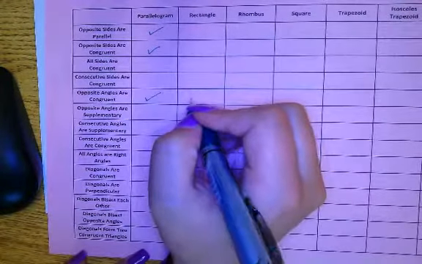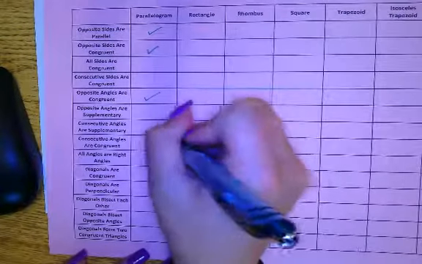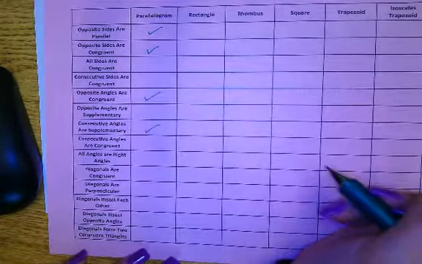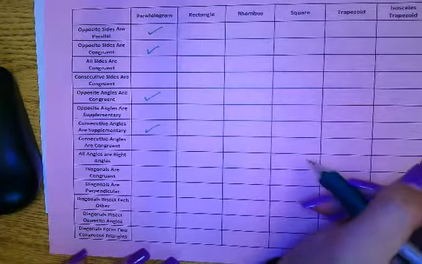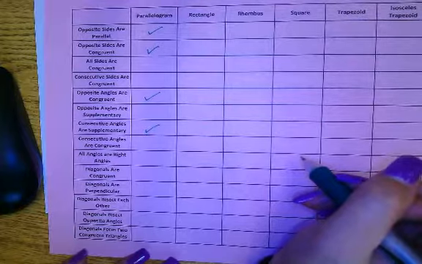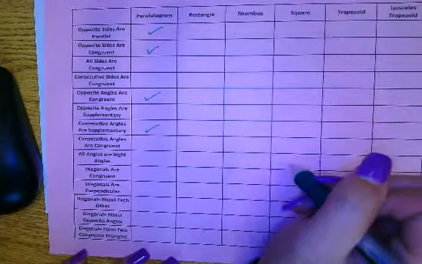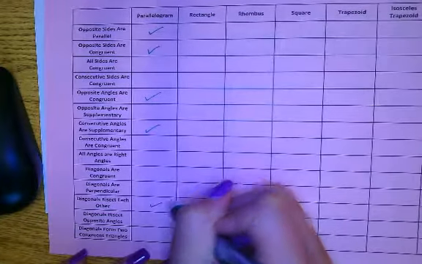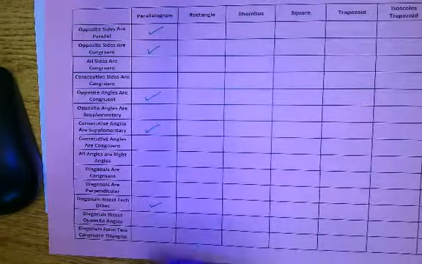Yes. Are consecutive angles congruent? No. All angles are right angles? No. Diagonals are congruent? No. Diagonals are perpendicular? No. Diagonals bisect each other? Yes. Diagonals bisect opposite angles? No. Diagonals form 2 congruent triangles? Yes. So those are the 6 things.